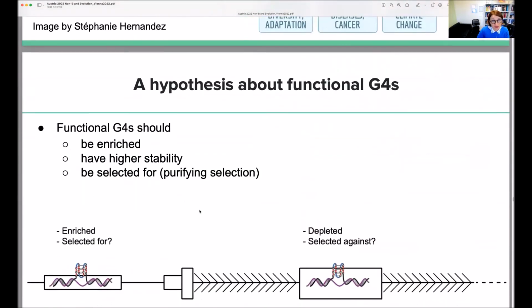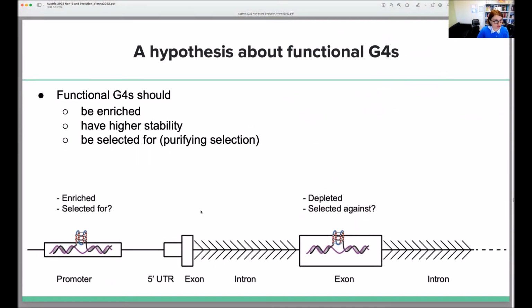And we looked at this question for G quadruplexes, and for them, we had several hypotheses. If they are functional, let's say within promoters, then they should be enriched in promoters. They also should be more stable there, and we should observe signatures of purifying selection for G quadruplexes located in promoters.